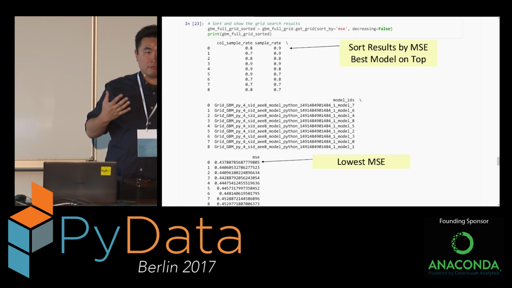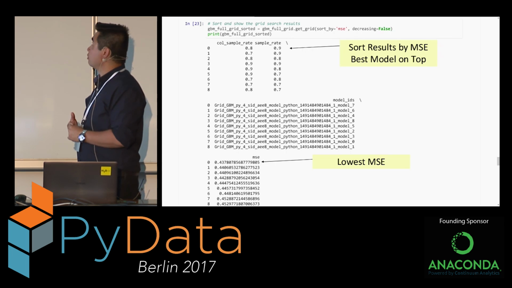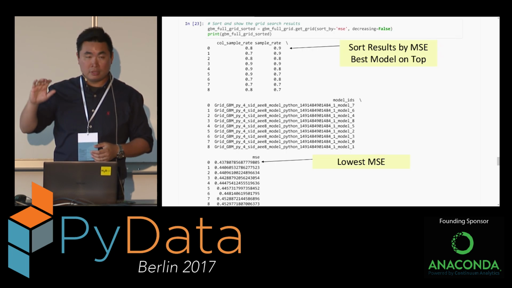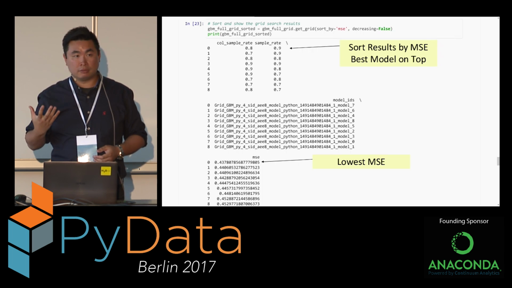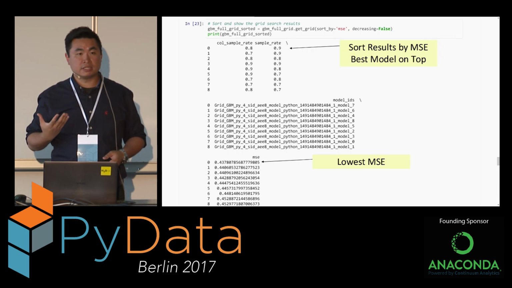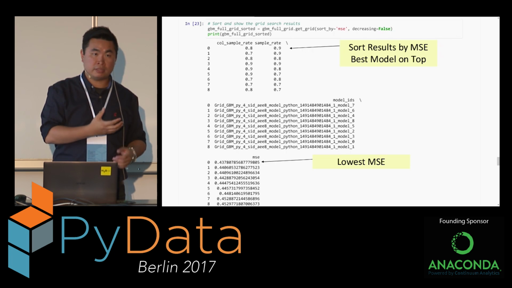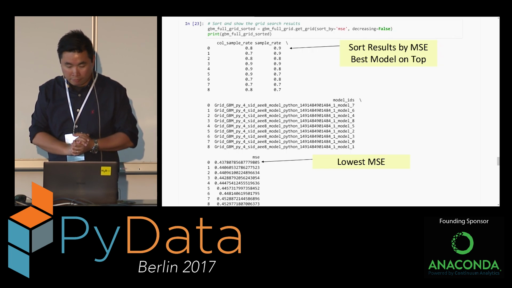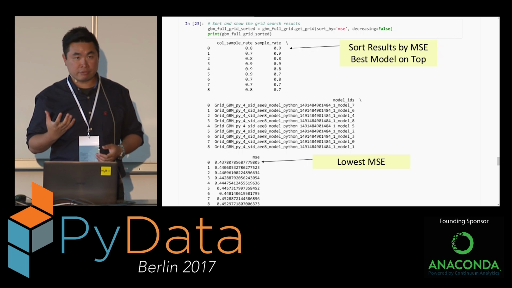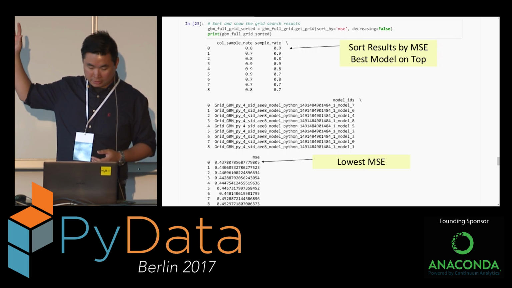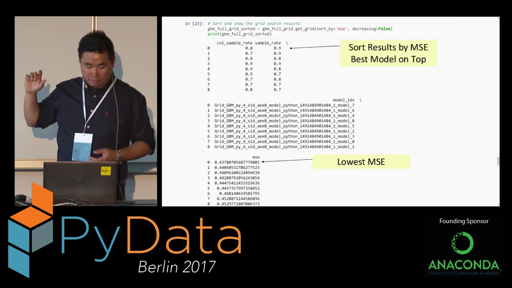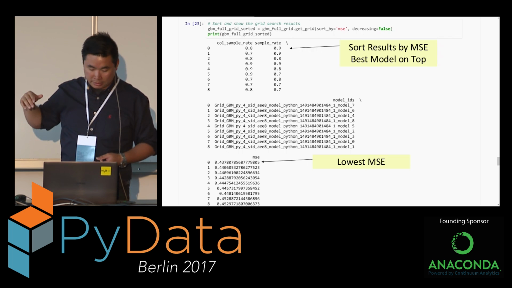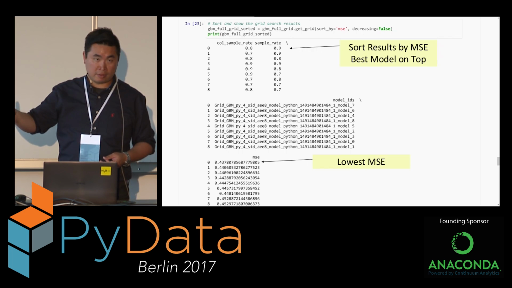So then you can now print out the table. If you go to the next page, you can see that this is now giving you more evidence to decide whether a setting is good or not for this model. And you can tell from the MSE, the mean square error, in this table. In this case, for the column sample rate we should use 0.8, and for the sample rate we should use 0.9, which is 90%.